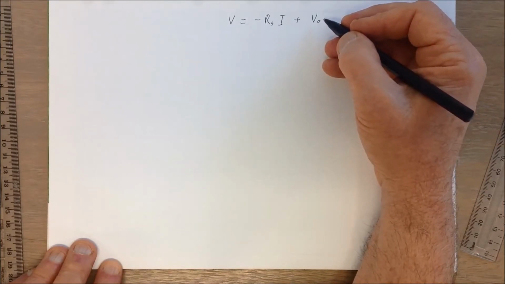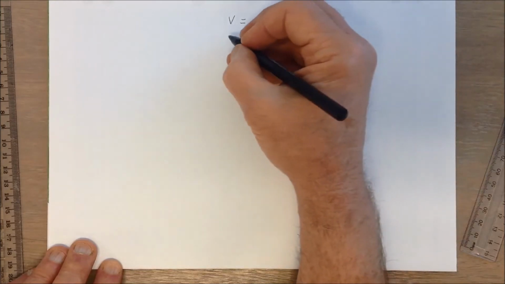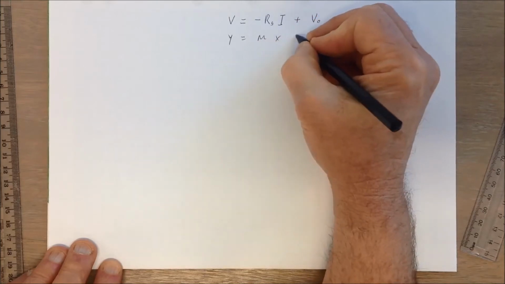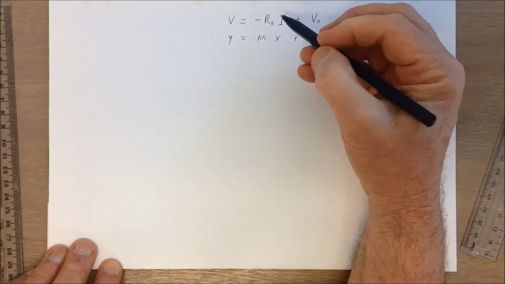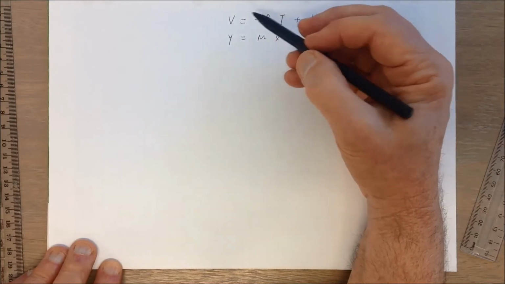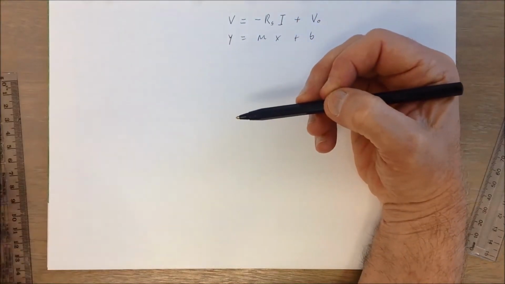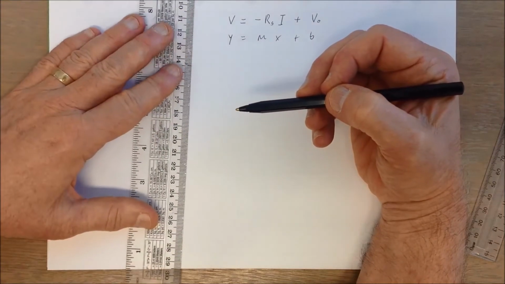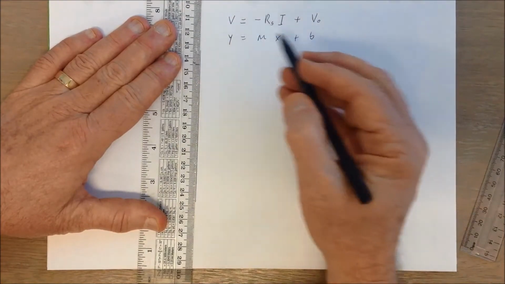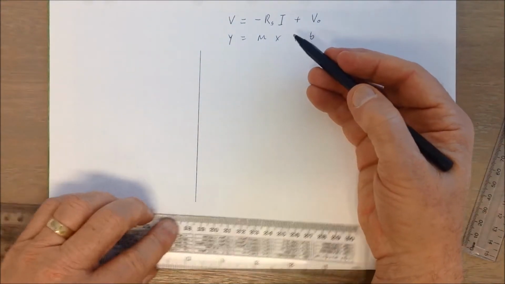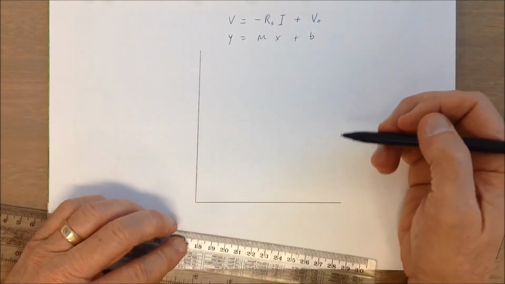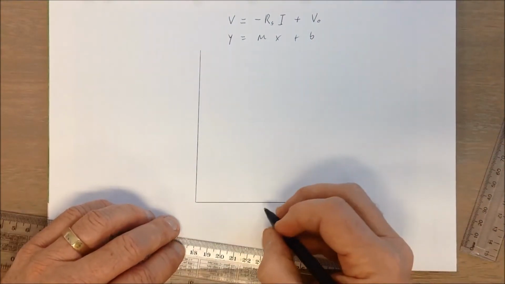Now what you will find is that you'll be fitting this, comparing it to y equals mx plus b. And what you will find is if you draw a graph which has the voltage going all the way down to zero, perhaps if we had a graph like this and we plotted voltage up the y-axis versus current along the x-axis, and you'll have currents going out to maybe a few tens or hundreds of milliamps.